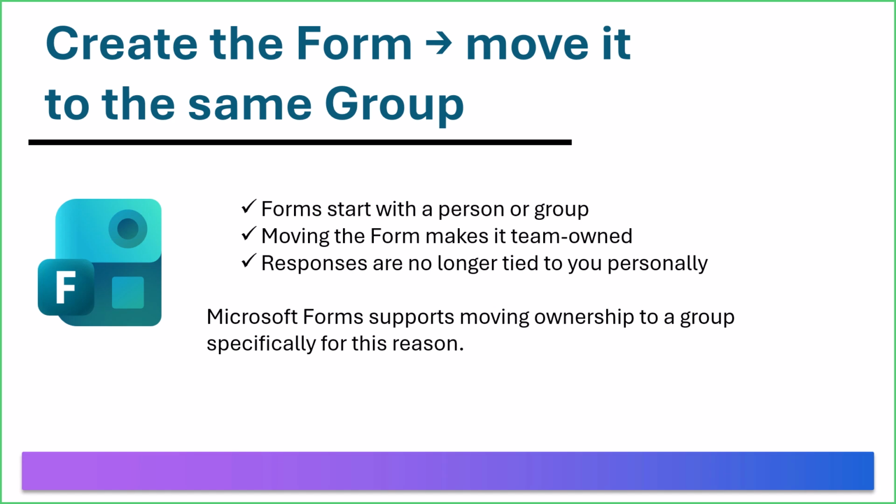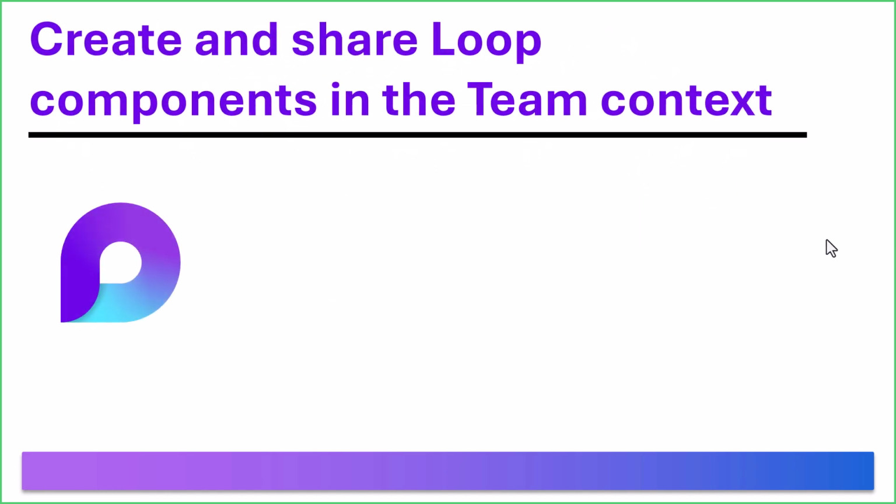There are workarounds. If you already had a form created for service requests, for example, you could just move it to the group. And then the other thing is, you don't have to have it group owned. I'm just talking best practices. It's still going to work. And in fact, in Power Automate, it's a little bit easier to do the personal one.